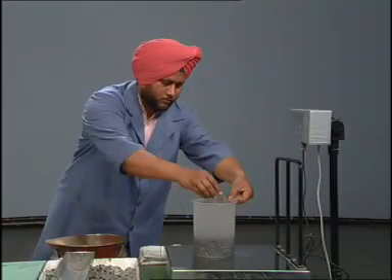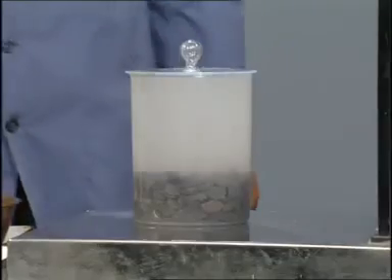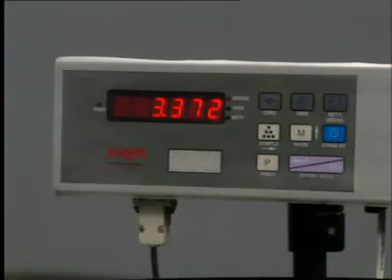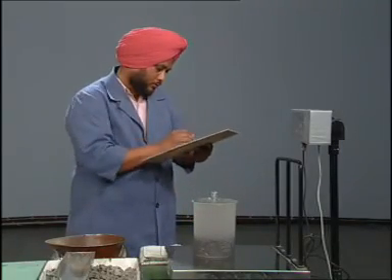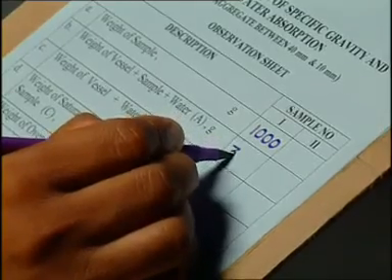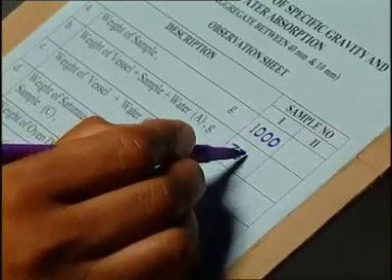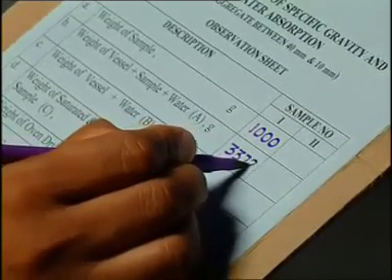Now take the weight of this assembly. Note this reading in the observation sheet as A, which is 3372 grams.